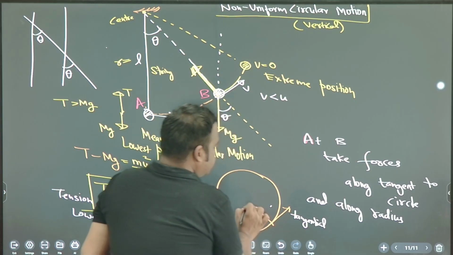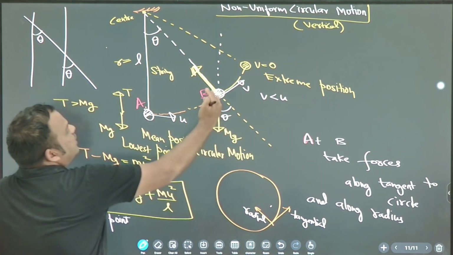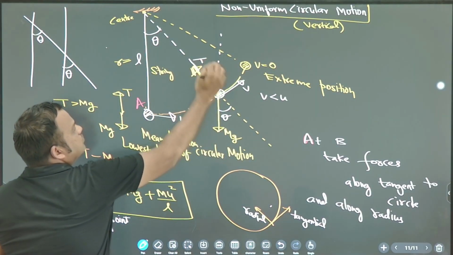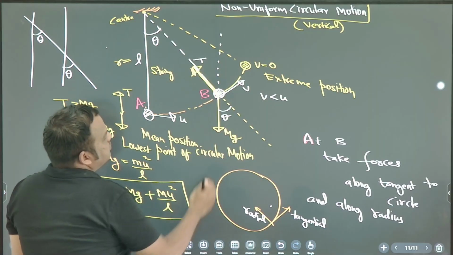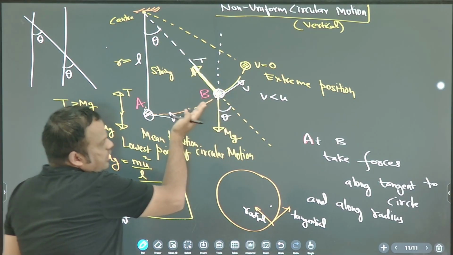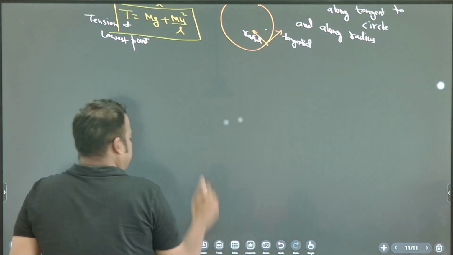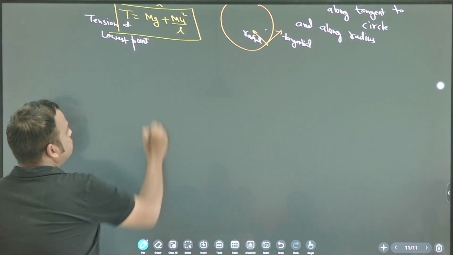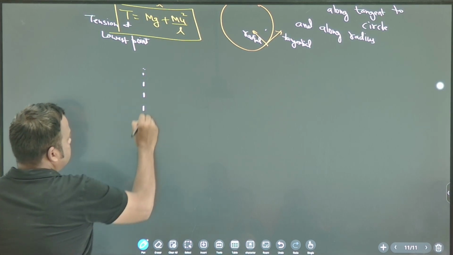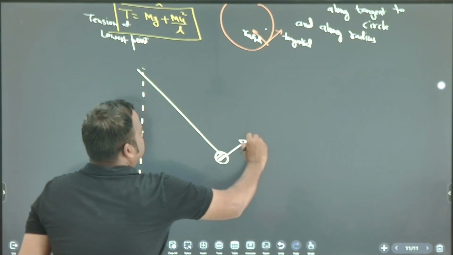So this is tangential, this is radial. In the radial direction, what is the force? Tension. Now mg is not radial, you have to take its component. What are the components of mg when the velocity is v?